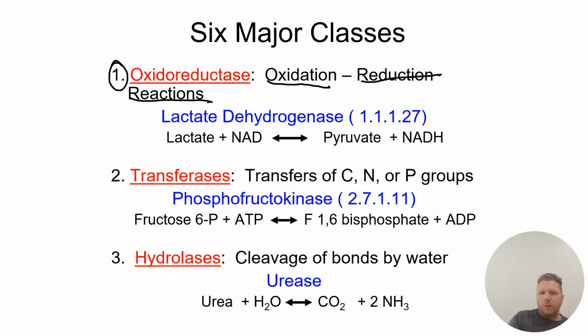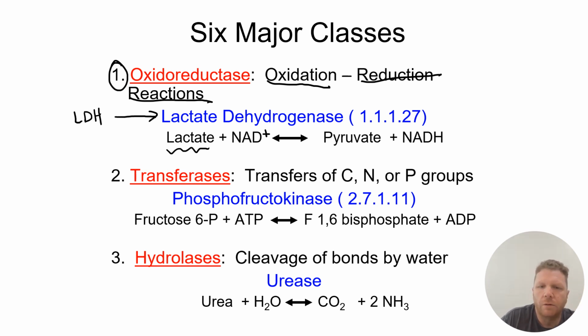One example of that class is an enzyme known as lactate dehydrogenase. Lactate dehydrogenase, commonly known as LDH, takes the molecule lactate and this other redox cofactor, NAD plus, and produces pyruvate and NADH.